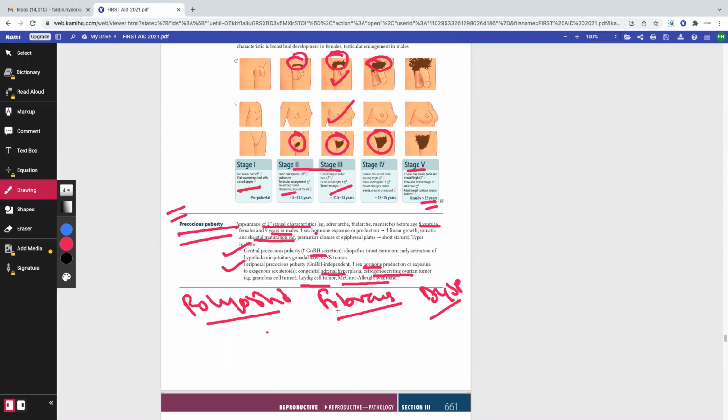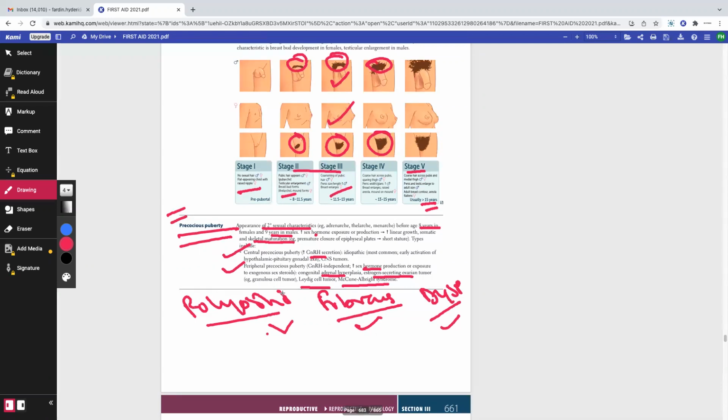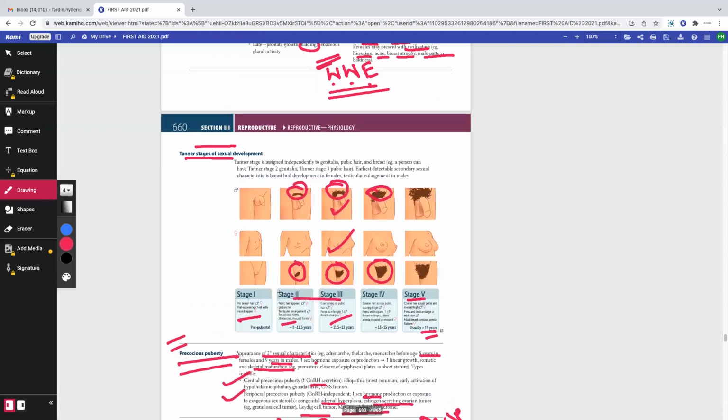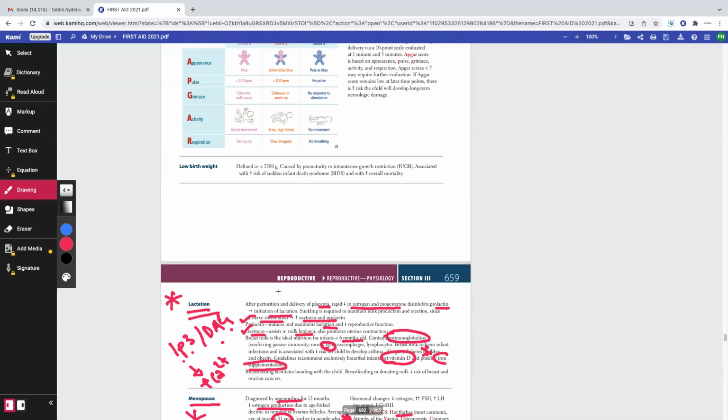So bones being replaced by fibrous tissue and precocious puberty happening at the same time. This is called McCune-Albright syndrome. That's what I wanted to talk to you guys about. Did you guys understand McCune-Albright syndrome? I'll talk about this in details, but for now, did you understand the term polyostotic fibrous dysplasia? The answer is yes. Okay. The name will always suggest the disease pattern. Please remember that. Okay, so we're done with physiology over here.